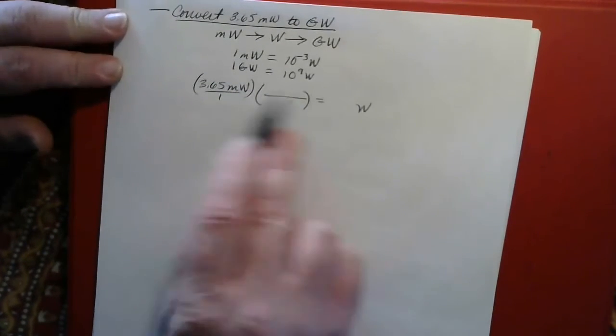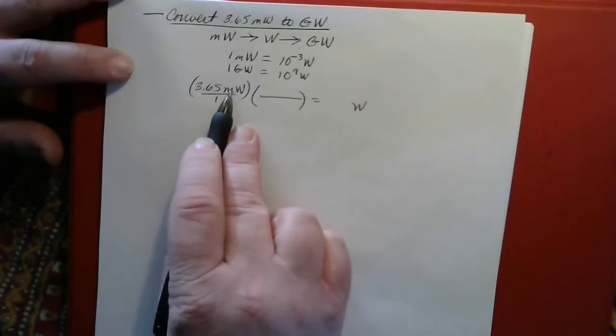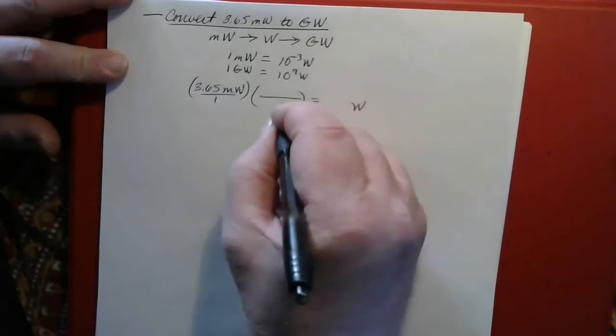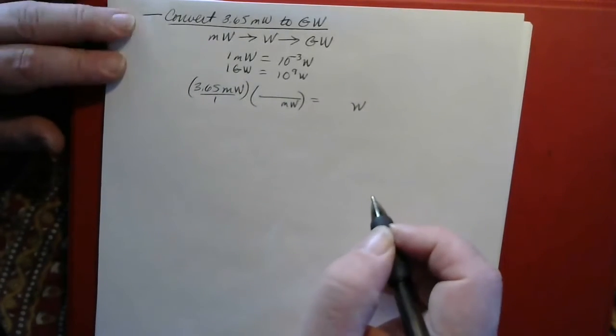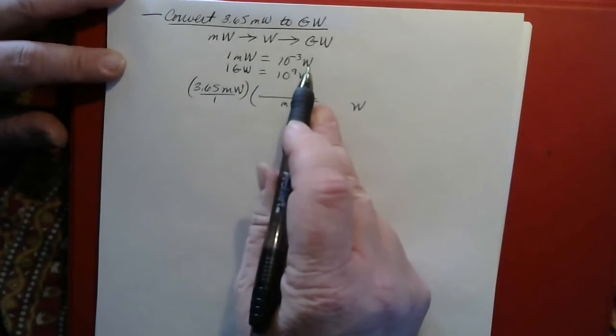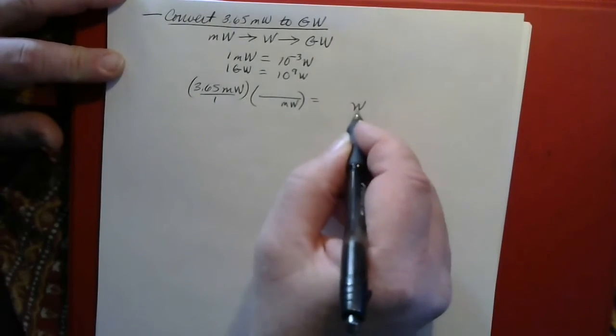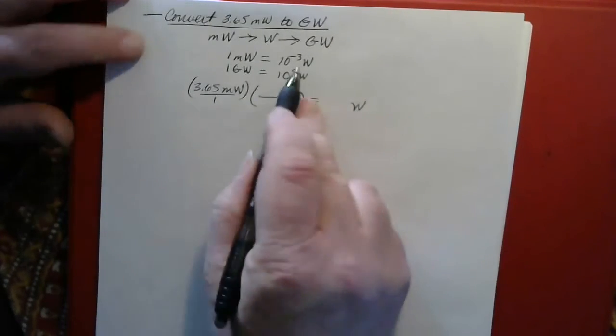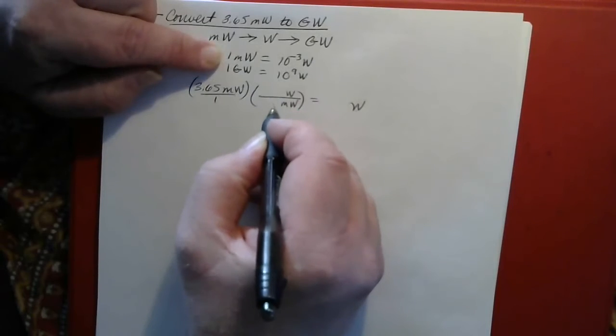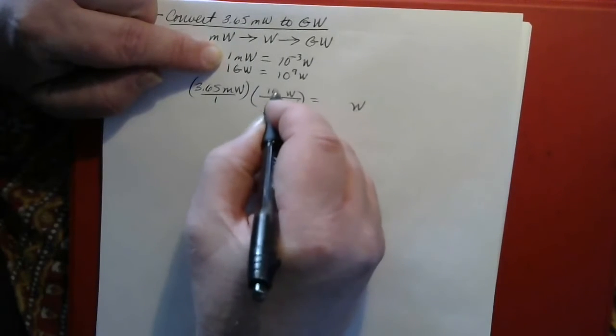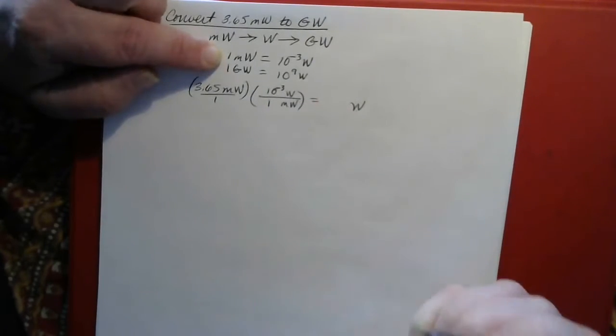If we're going from milliwatts to watts, that means we want milliwatts to cancel. So milliwatts will go in the denominator of the conversion factor, and watts will go in the numerator. And our relationship is 1 milliwatt for every 10 to the minus 3 watts.